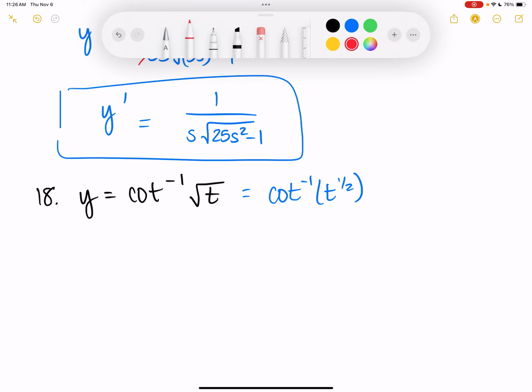This one is negative, so negative 1 over 1 plus the stuff inside, so t to the 1/2, but that is then squared. And then times the derivative of the inside would be 1/2 t to the negative 1/2.